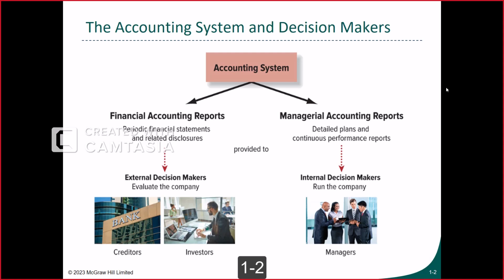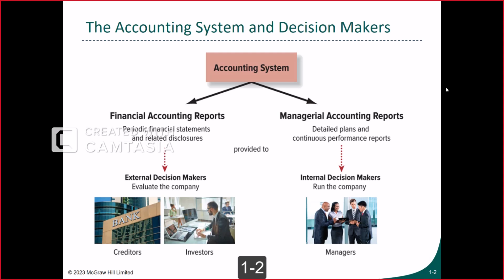So this is the first major concept we have to distinguish: managerial accounting is dedicated to internal users, and when we say internal, we mean those who are running the business, executives and managers. They know the business, they know the entity, and they need specific reports. For example, budgeting.